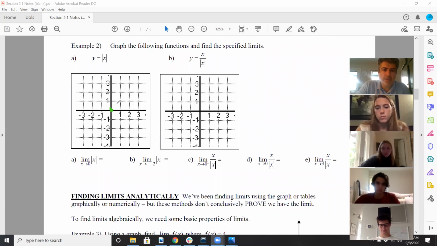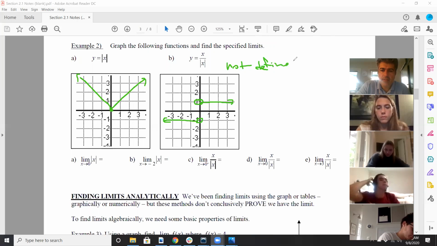If you graph each of these, you have that. This graph is kind of funky, just so you know. This graph looks like this. The reason it looks like this is that it's not defined at x equals 0.